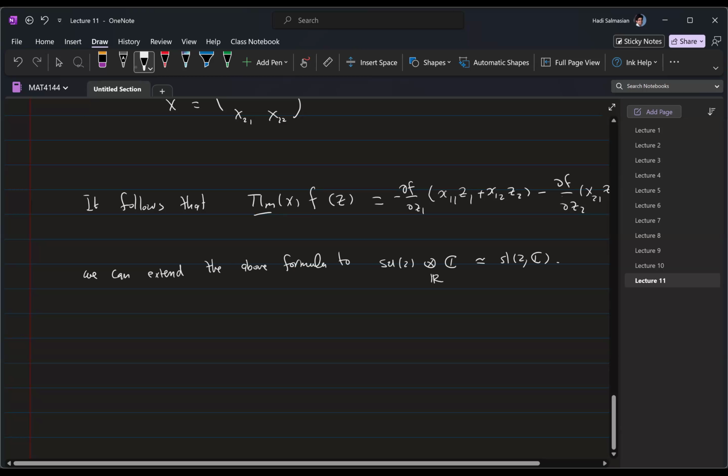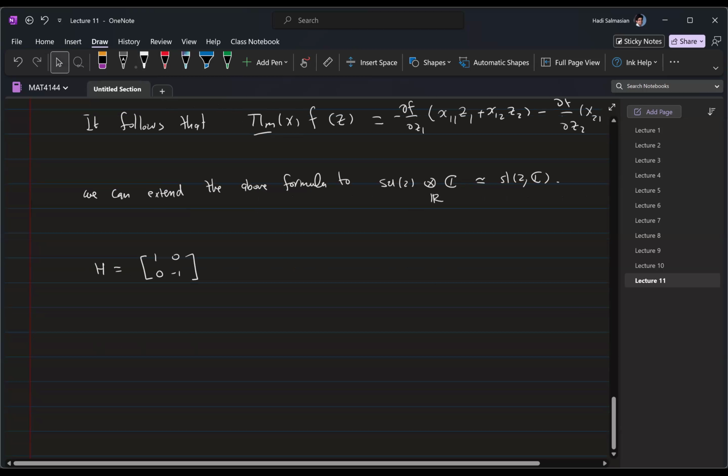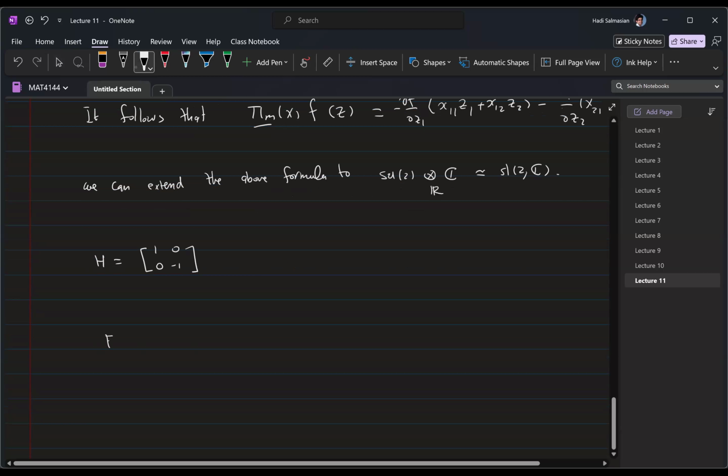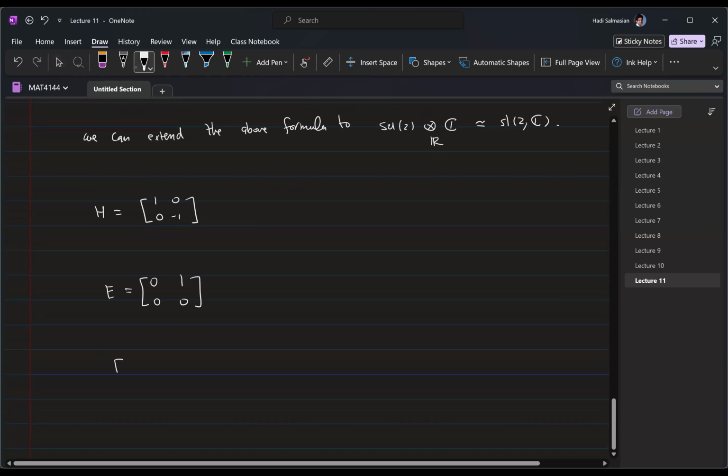And now SL2C has again this important basis that you should never forget. It's the basis of the matrices like this, this, and like this.